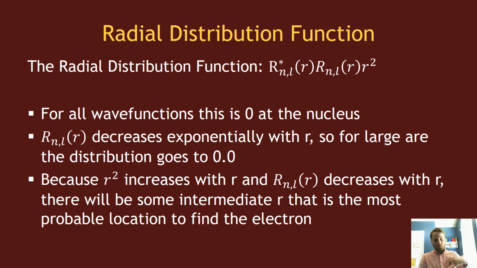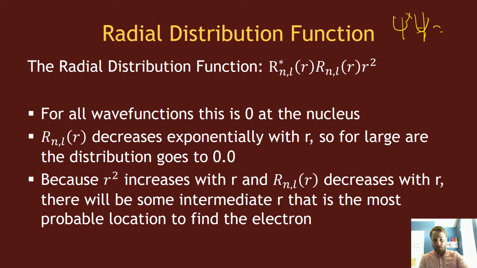And with the radial part of the wave function, when we're talking about the probability distribution of the electron around the hydrogen atom, we discussed how the probability distribution is given by psi star psi.